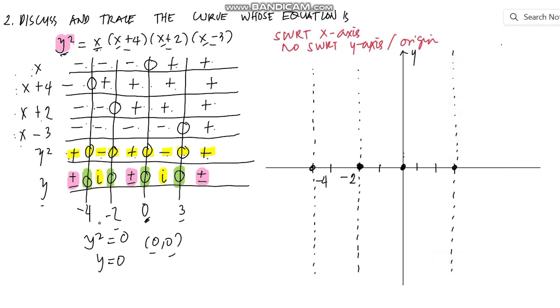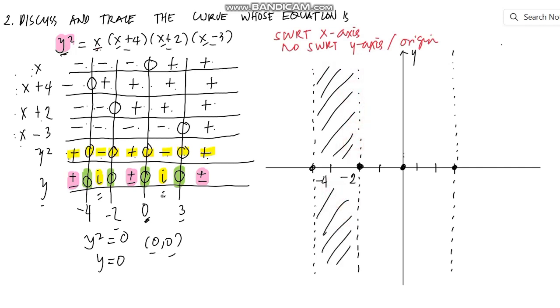As you can see, we have imaginary values between -2 and -4, so this only means that we do not have a graph at this location. We also have an imaginary result between 0 and 3, so we do not have a graph at this region.